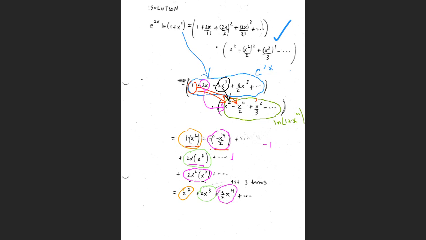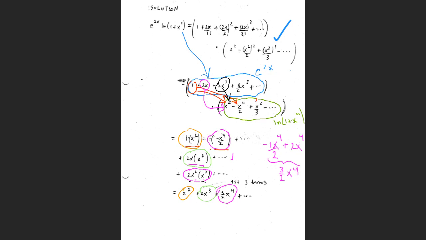Because negative 1x to the 4th over 2 plus 2x to the 4th, that's what 2x times x squared is. That is going to give me 3/2 x to the 4th.